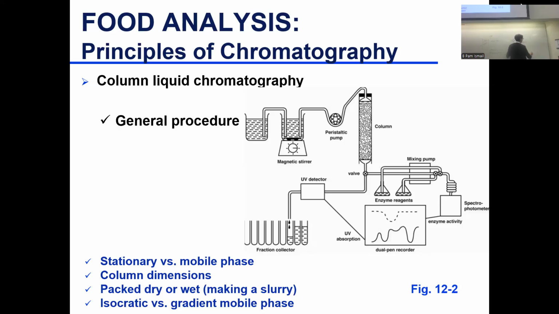Then you have a column that is a C18 column, meaning it's a silica column that is derivatized with a chain of 18 carbons, a compound with 18 carbons. That makes it less polar, that makes it nonpolar. So this means it's nonpolar.